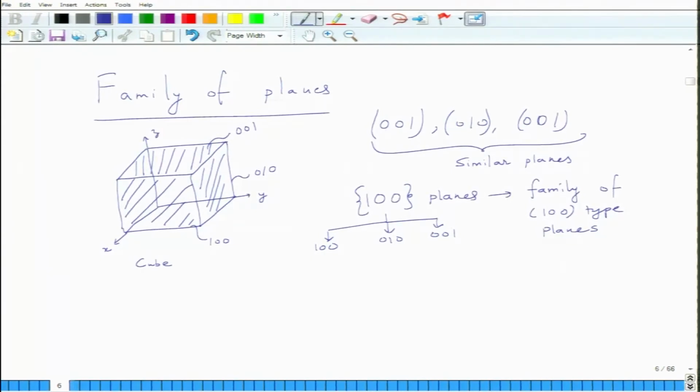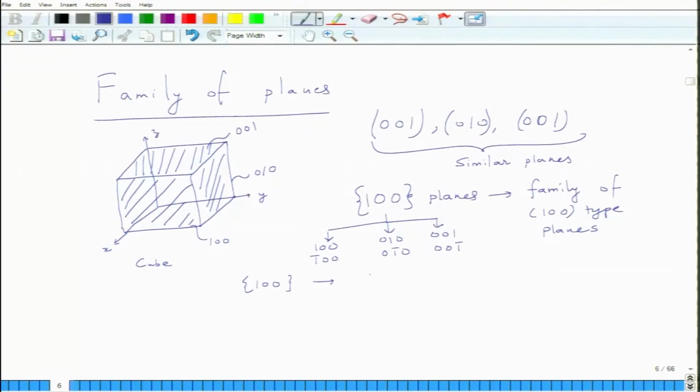So, you can see that there is a multiplicity, right. So, in case of a cube, 1 0 0 implies you also have bar 1 0 0, 0 bar 1 0 and 0 0 bar 1.